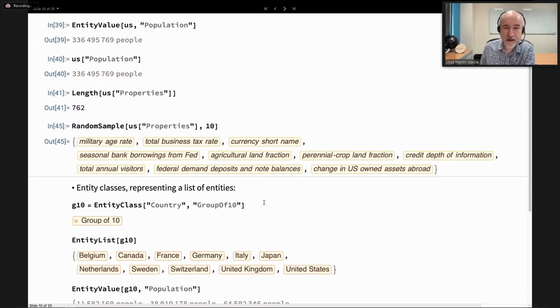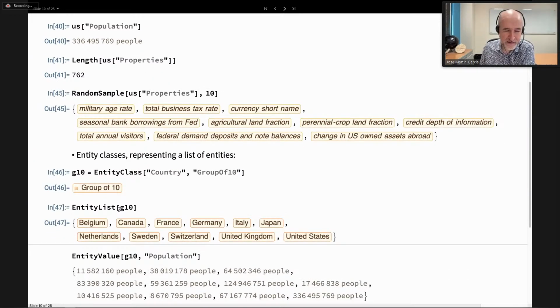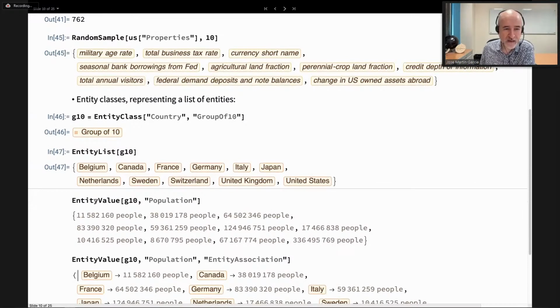Let's see. So we have also classes of countries. These are collections of countries. For example, this is the group of 10, which actually now has 11 countries, but it's still called the G10. And again, we can compute properties of the entity classes.